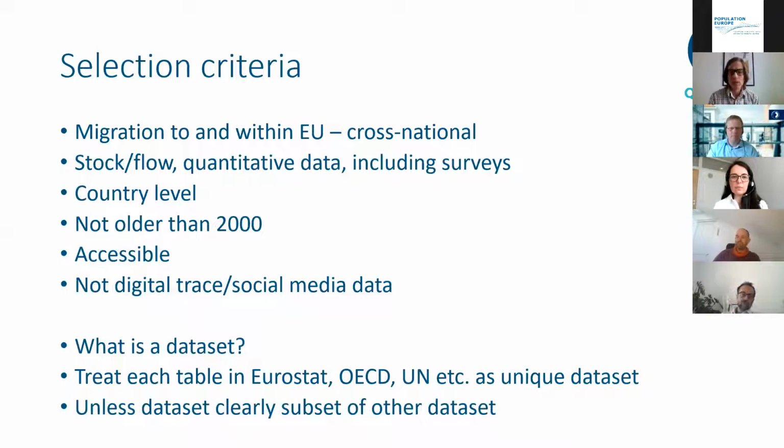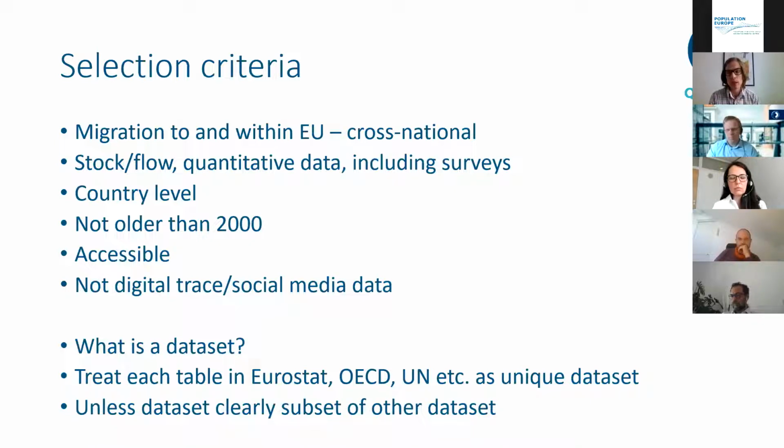The data also needs to be on the country level. If it also contains information on the regional level, that's a bonus, but it needs to at least be on the country level. The data should not be older than before 2000, meaning that at least the latest wave needs to be after the year 2000. Preferably the data needs to be accessible, open access, or either that you know where you can apply for the data.